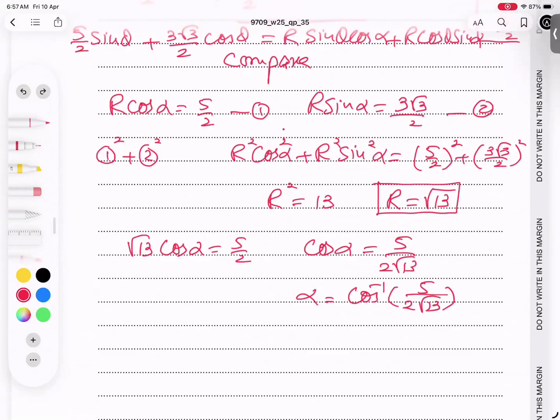If you check, the answer turns out to be 0.8046, but it said 3 dp, so we round it. So 0.805. I hope the concept is clear.